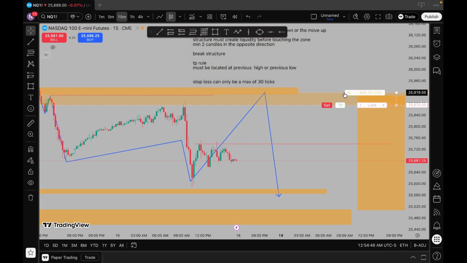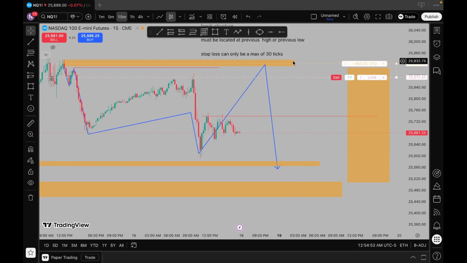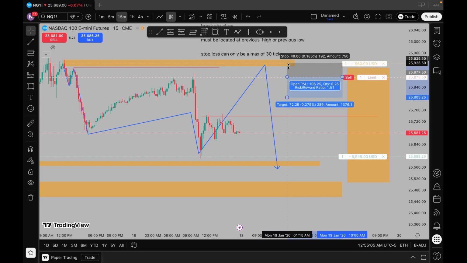Let's say it touched here with one contract for a liquidity supply and demand trade. So supply, touched here, and then you target the next zone. Oh my god, that's disgusting. So this would be a minimum of 30?